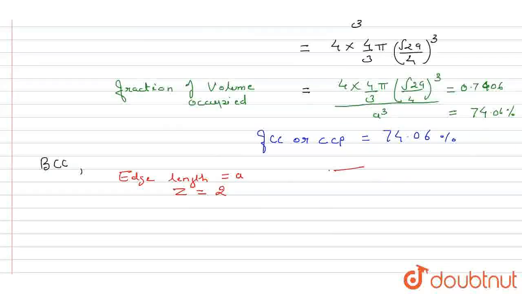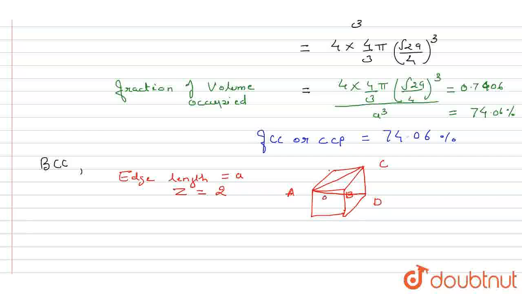Now let's see the diagram for BCC also. This is the structure of BCC, where we have to identify the value of volume, first of all body diagonal. So in case of body diagonal, let's draw the structure here. Suppose this is A, here we have B, and here we have C, and that is D. Now first of all we have to identify the value of AC.